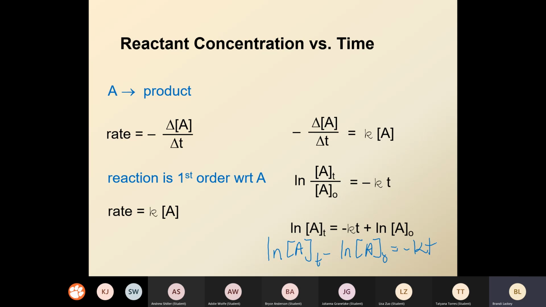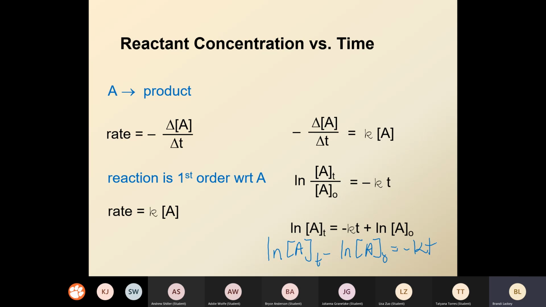So what we can use this for is if we know that rate constant, that k value, and we know how much time has passed and what concentration we started with, we can actually find our concentration at any point in time by using this integrated rate law.